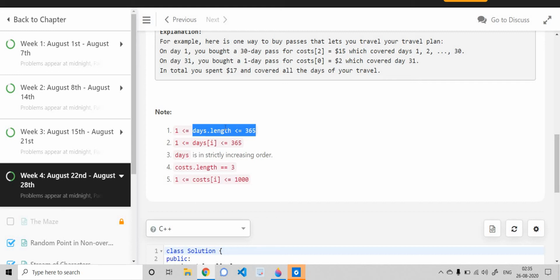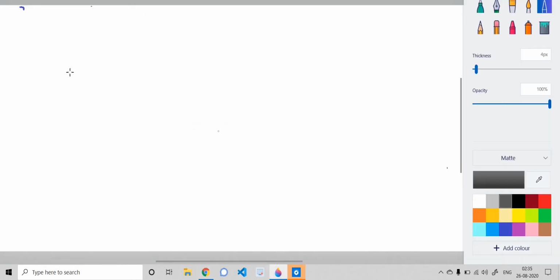That is, we will be booking tickets for at most 365 days. So let's first identify our states for a particular recursive call. First would be the day on which we want to travel, or want to book our ticket. And the second one would be remaining tickets.